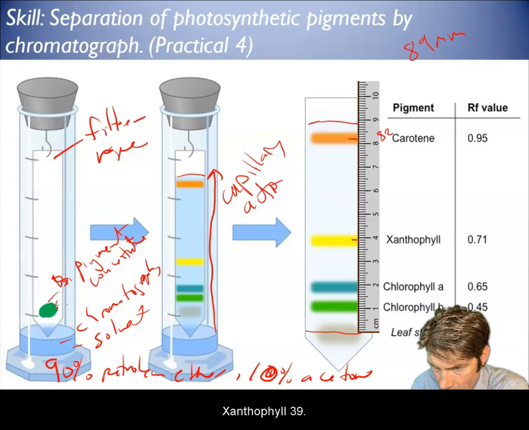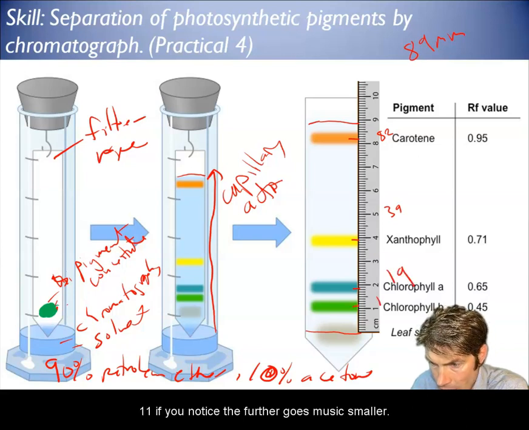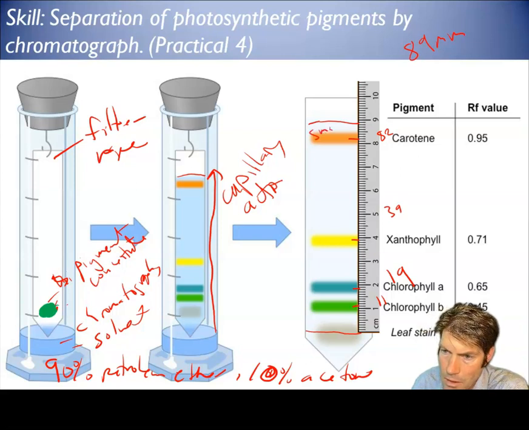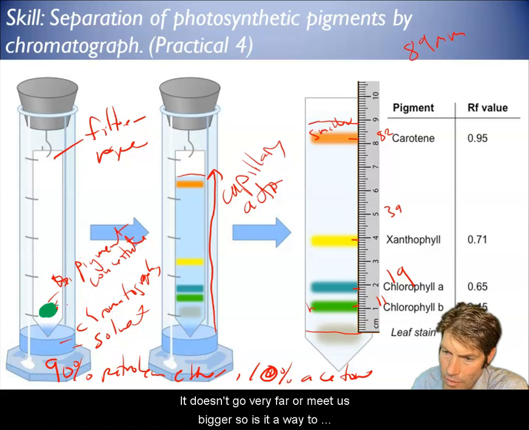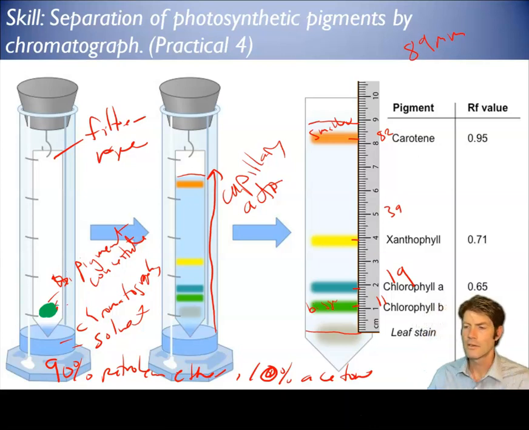The xanthophyll, 39. Chlorophyll A is 19 millimeters, and chlorophyll B is 11. If you notice, the further it goes, it means it's smaller. If it doesn't go very far, it means it's bigger. So this is a good way to separate by size, which we'll be doing next year with some DNA stuff.